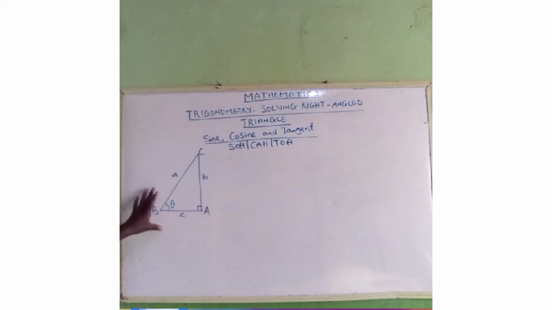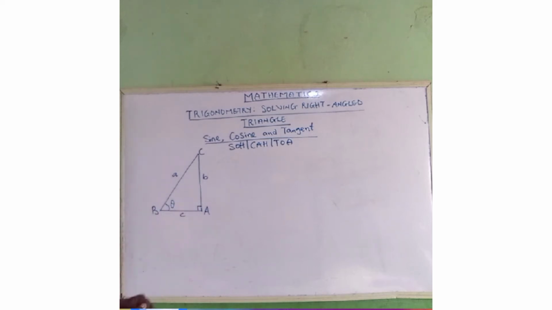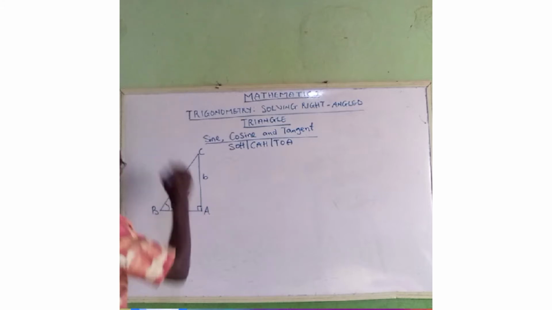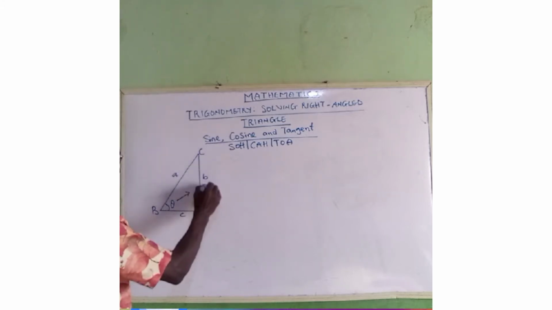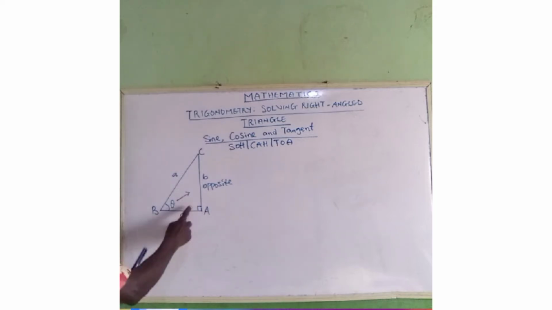Now, let's consider this right angle triangle here, given this angle theta. Now, any side facing angle theta is referred to as the opposite. So a side facing this angle, so this side is called the opposite. Now, this box 90, whenever a vertical line meets with horizontal line, we have a box 90 there.